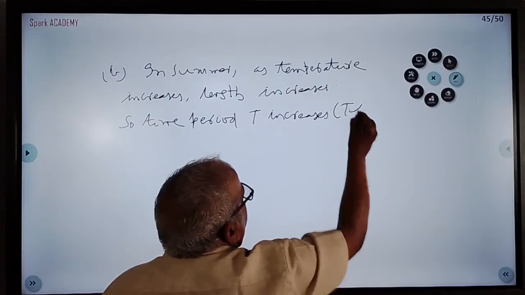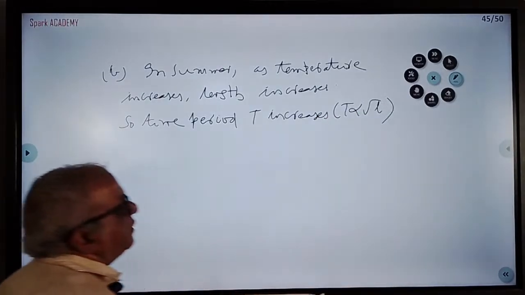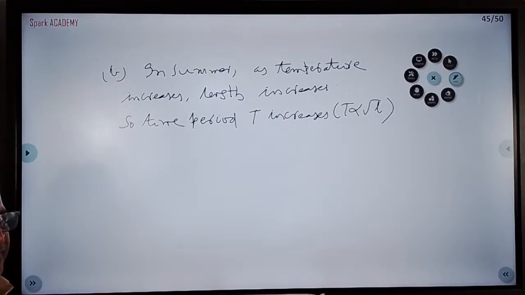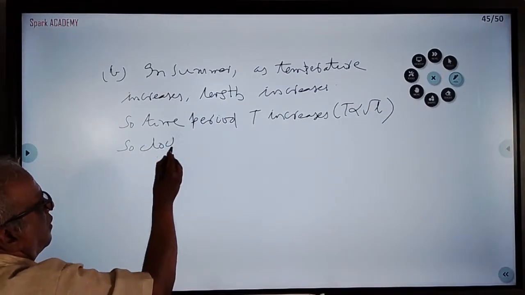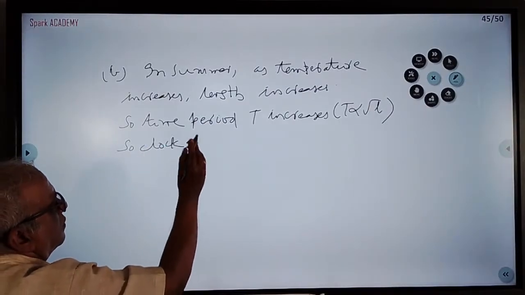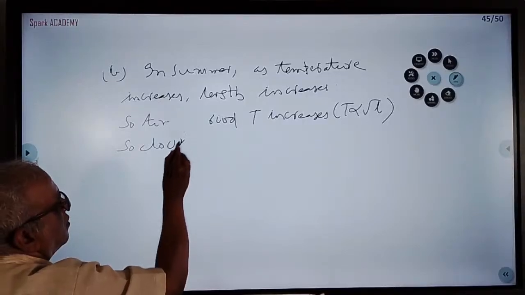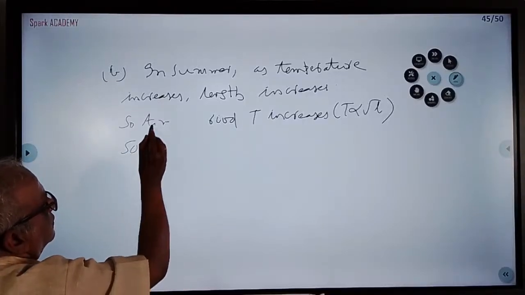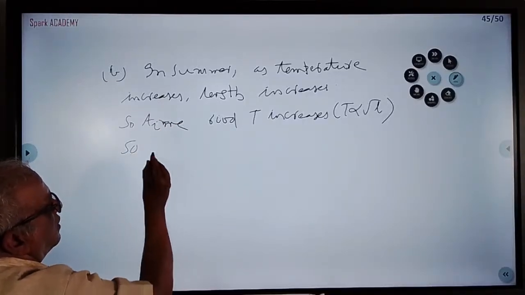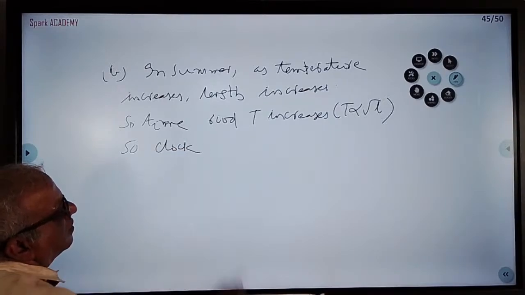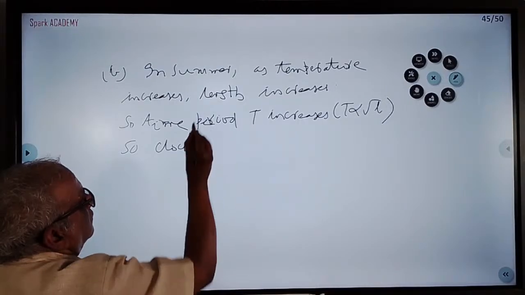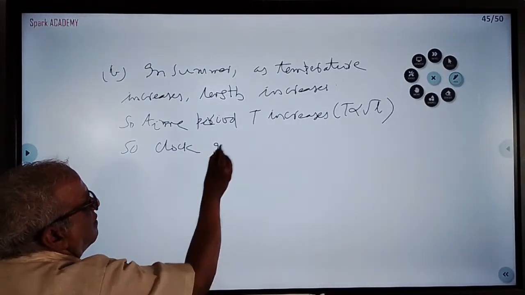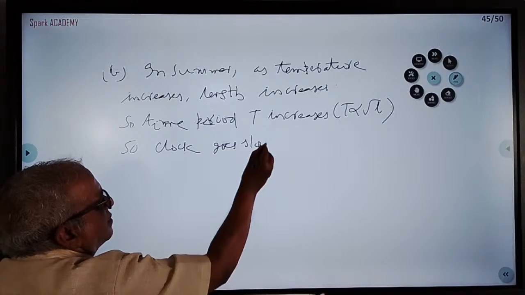Why? Because T is proportional to root L. There also you can write time period increases. So time period is increasing means it is taking more time to complete one oscillation. So the clock goes slow.